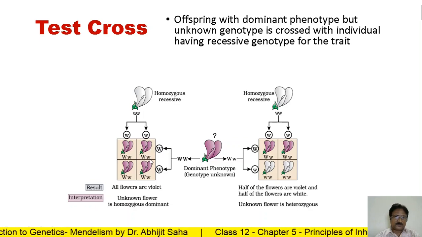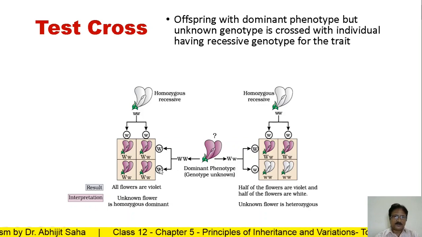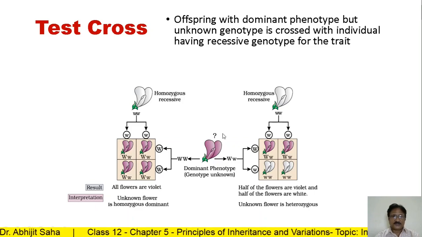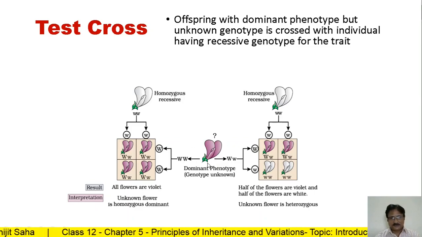If the cross results in 100% dominant trait, that is the violet flower, then the genotype of this plant or flower will be homozygous dominant, that is capital W, capital W. So this is how a test cross can be useful in identifying the genotype of this phenotype.